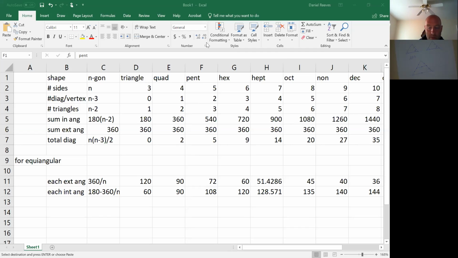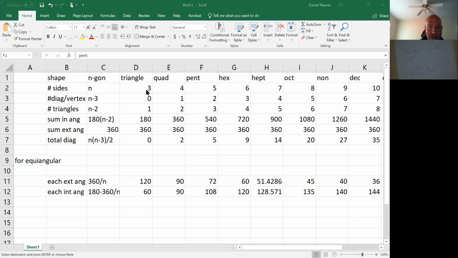And here are the formulas for the chapter, which hopefully are big enough for you guys to see, even on the standard definition recording of this. So these are the polygons which you need to know: triangle, quadrilateral, pentagon, hexagon, heptagon, octagon, nonagon, decagon, dodecagon, and pentadecagon. You should know what number of sides each of those has.